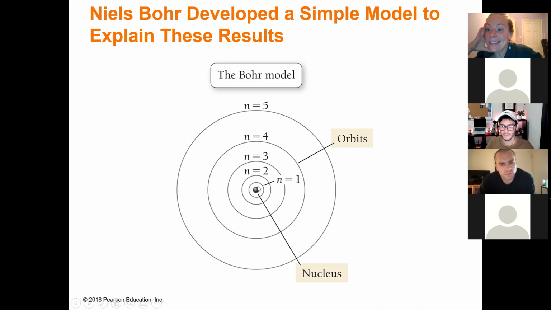If I excite this, like plug it into a wall or put it in a flame, this electron will absorb energy. And what that electron will do is start to jump to higher energy orbits. Depending on how much energy this atom receives, that electron can jump from the 1 to the 2 or the 1 to the 5.